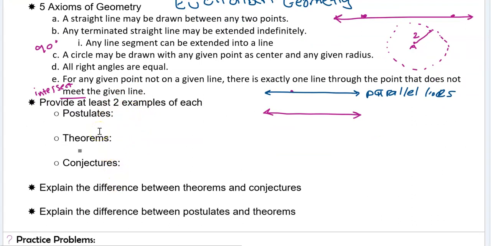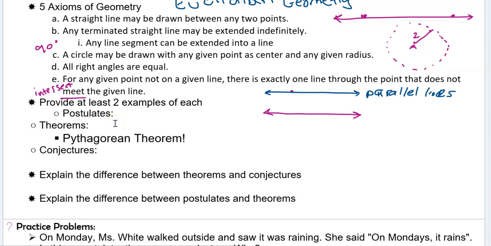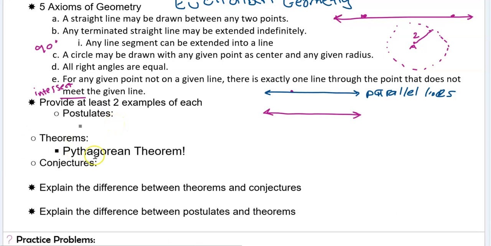So a common theorem that you already know is the Pythagorean theorem, that a squared plus b squared equals c squared. That was proved by the mathematician Pythagoras and then many mathematicians after as well to be true, and we can use that as mathematicians now.